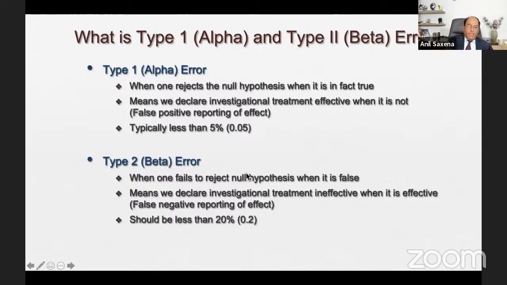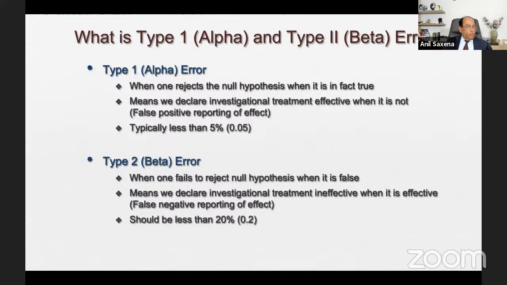Power is basically decided by the beta error. Because we want the beta error to be less than 20%, by corollary, it means that we want the statistical power to be 80% or more. And to have 80% power, you have to have certain sample size and certain follow-up duration. That will tell you what exactly is the power.